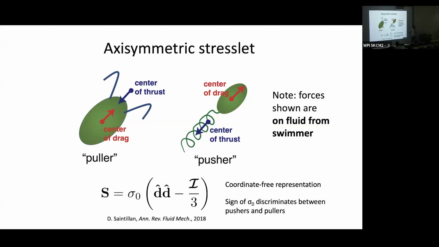And people like to write this, David Saintillan does a lot of this, and Michael Shelley, they like to write this in a nice coordinate-free form, which is axisymmetric, traceless, and the sigma naught quantifies the strength of this force dipole and discriminates between pushers and pullers. So I think sigma naught is positive for a puller and negative for a pusher. And we have the swimmer axis of symmetry here, nice and thematic symmetry, by the way, for you liquid crystals guys and girls.